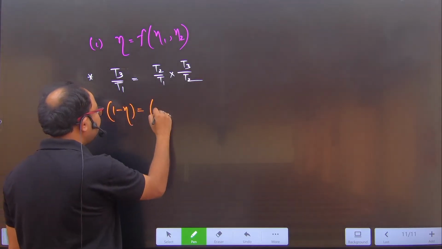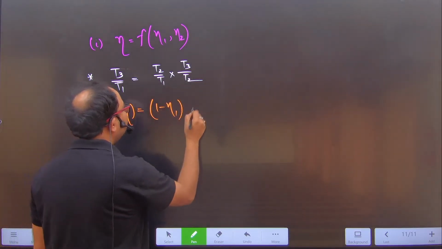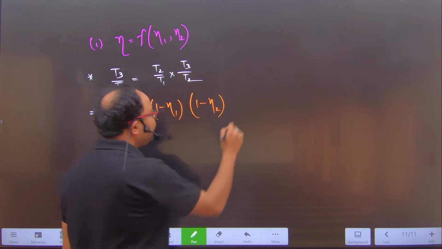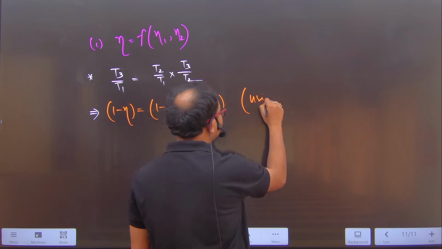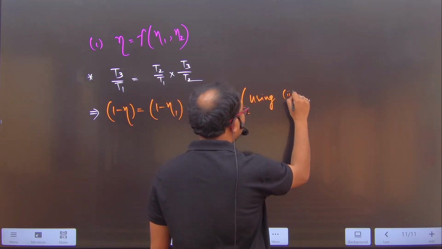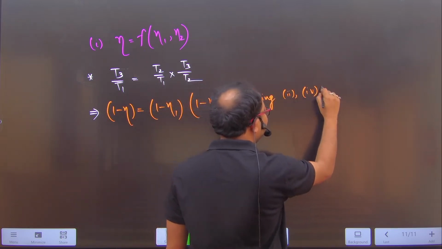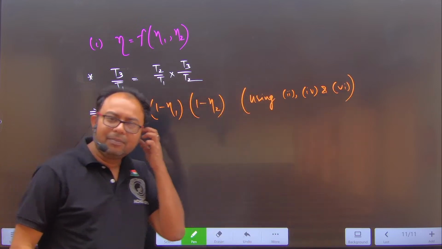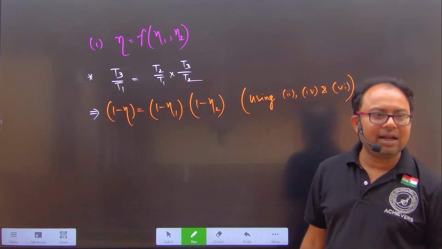T2 by T1 is 1 minus eta 1. And T3 by T2 is 1 minus eta 2. Using 2, 4 and 6. Simple. So everything is done.